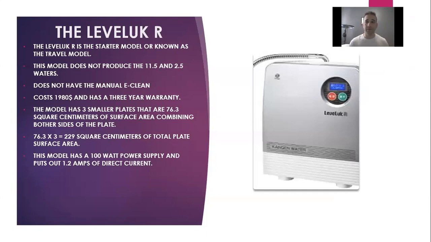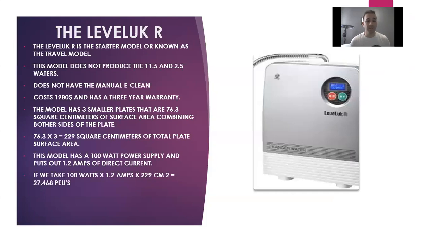And what I have learned in my education, just as a little tip here, is that 746 watts equals 1 horsepower. So this model has a 100 watt power supply, okay? And when you're making 9.5, the power supply is putting out 1.2 amps of DC current, okay?